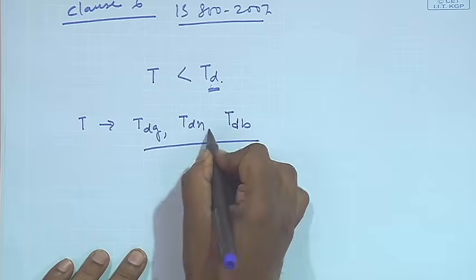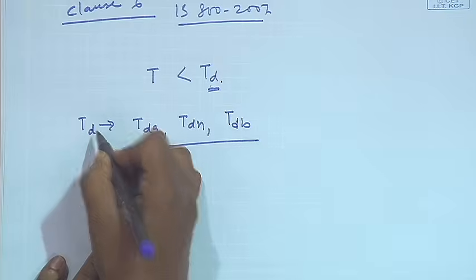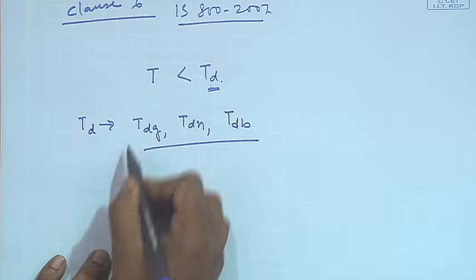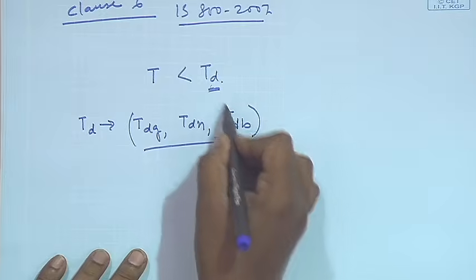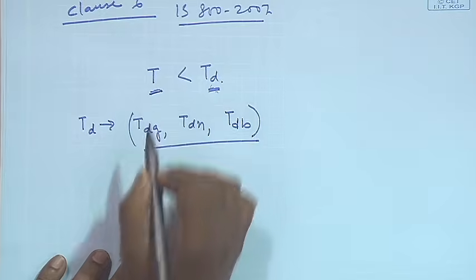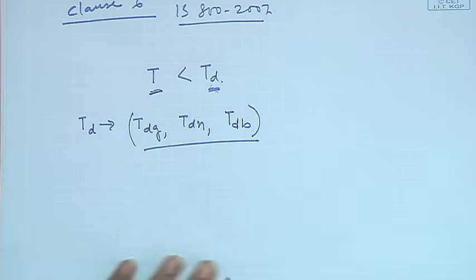That TD has to be greater than the factored tensile force coming into the member.